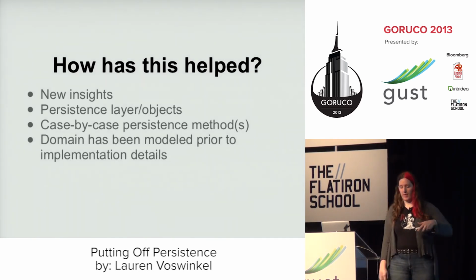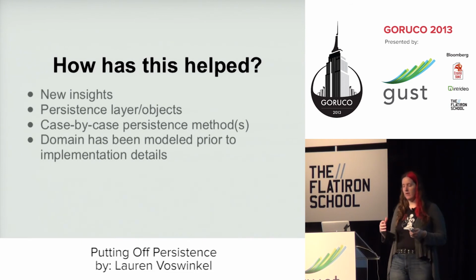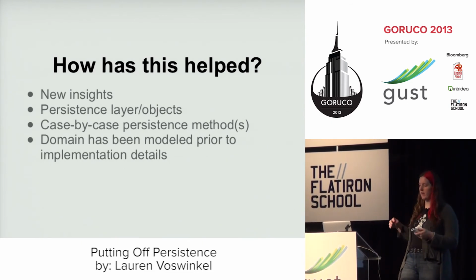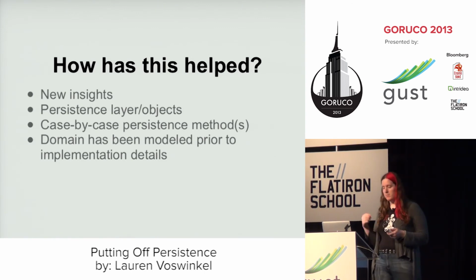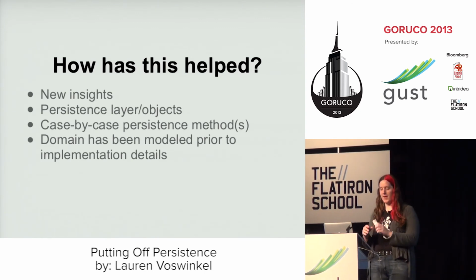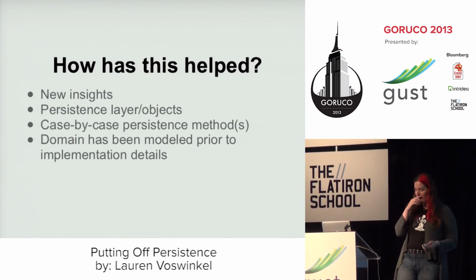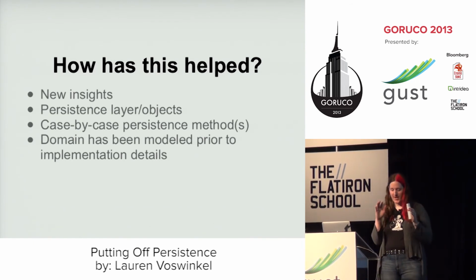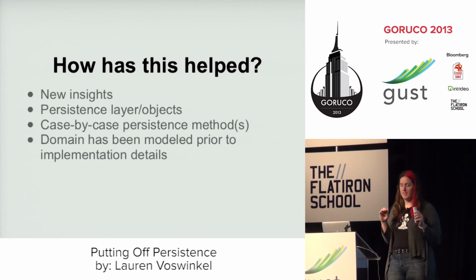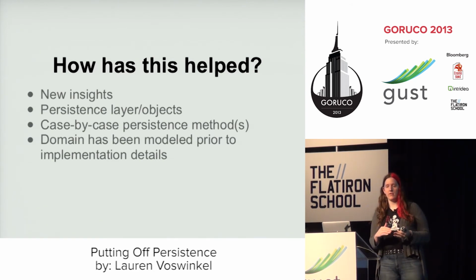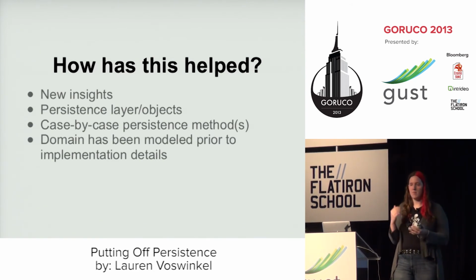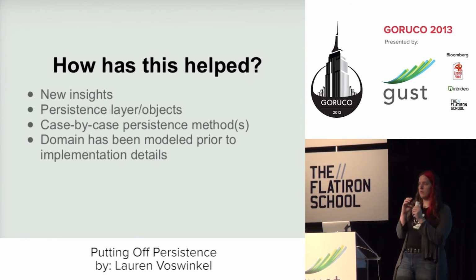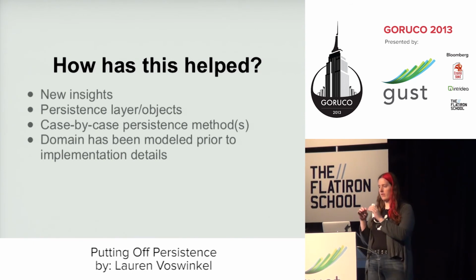One of the last points that it helps is that our domain has been modeled prior to our implementation details. Uncle Bob Martin actually had a rant about this about a year ago, where he was infuriated by this concept of having your persistence be one of the first decisions that you make because it ends up warping how you model your business logic.